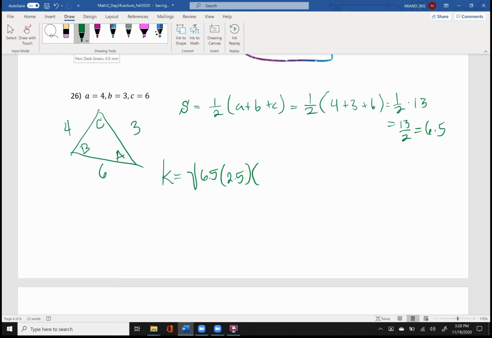Sorry. Then 3.5 and 0.5 are those difference values. What will your calculator give you? 5.33 units squared. Okay, hold on just a moment.